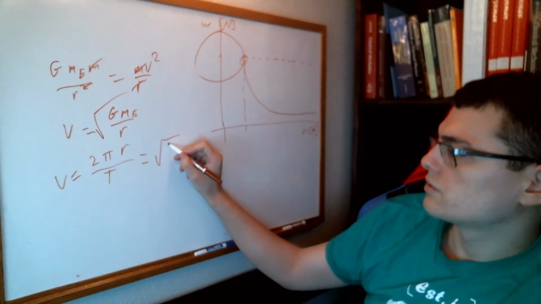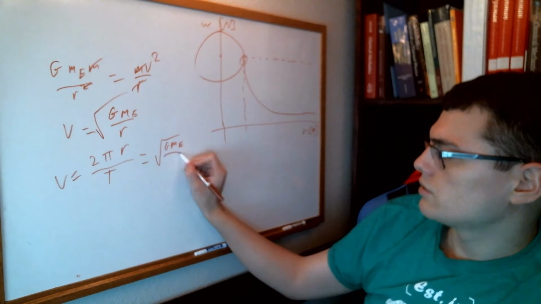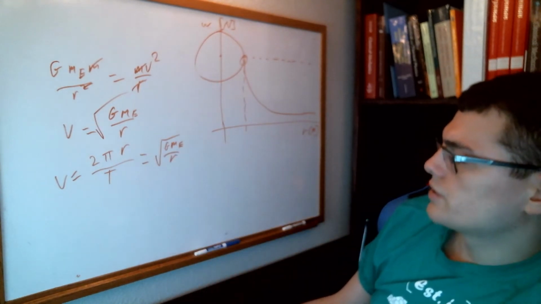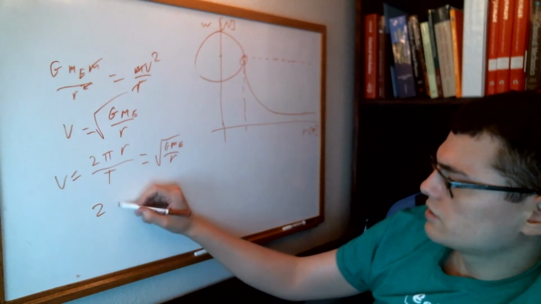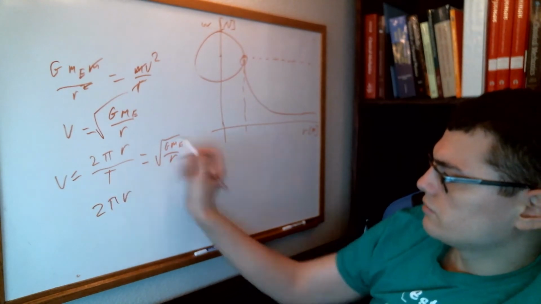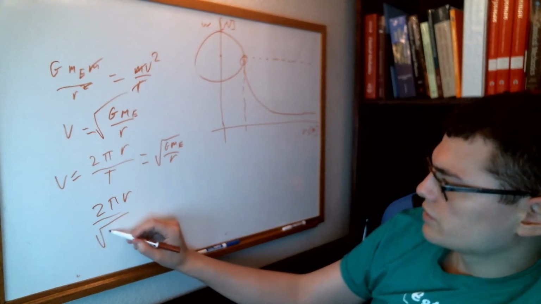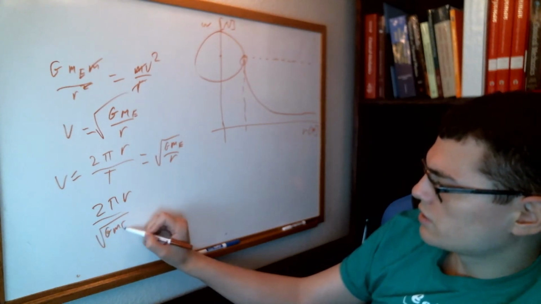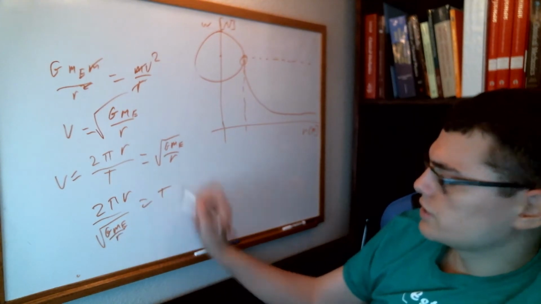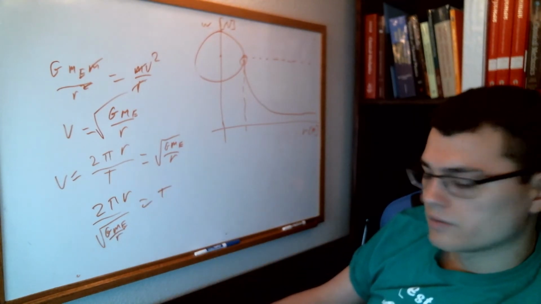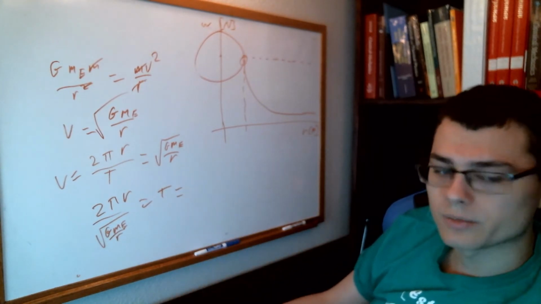Square root of G M_E over r, and so then we can start solving for T. Easiest way is to take T and move it to the other side and move this over, and so then we'll get 2 pi r over the square root of G M_E over r is equal to T. And very quickly we can start to go ahead and simplify this.